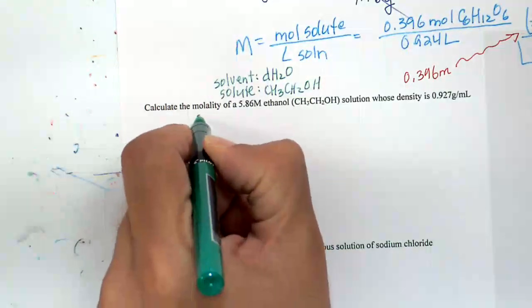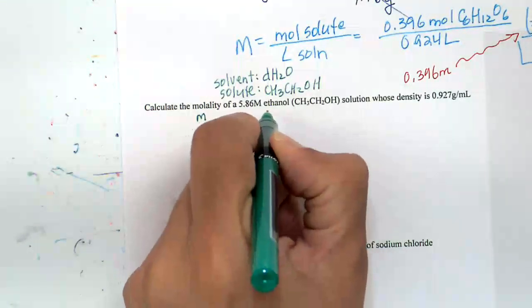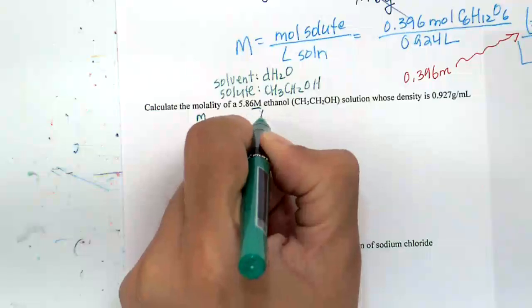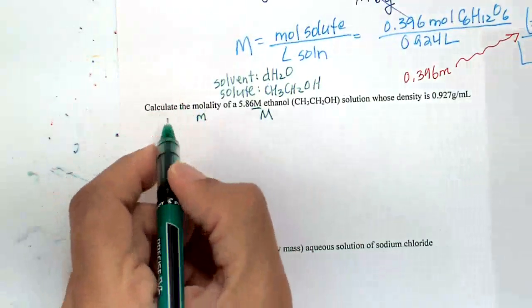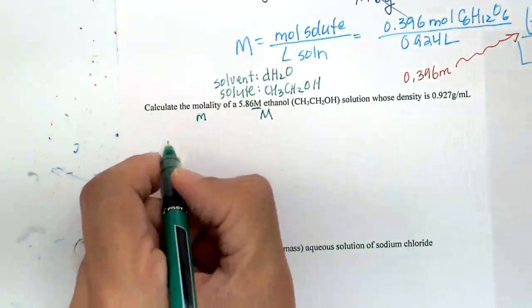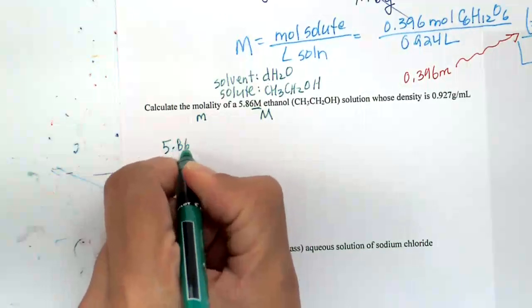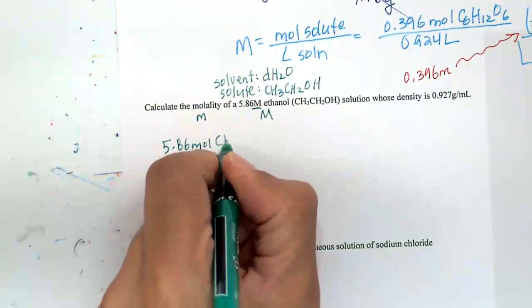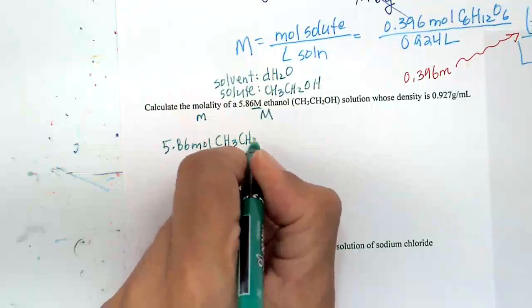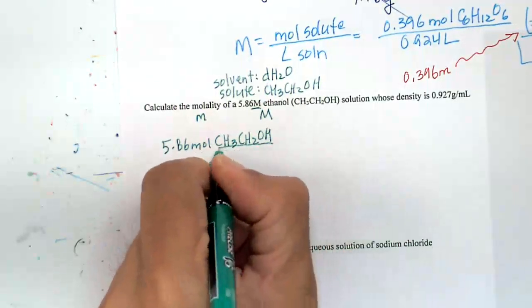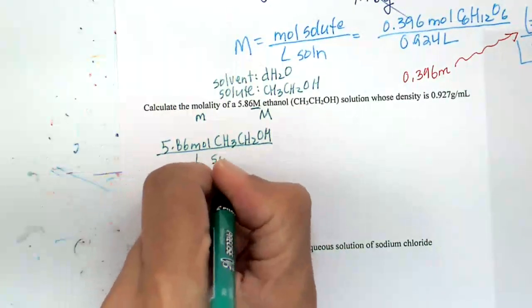So calculate the molality. Molality is lowercase m, and big M is molarity. So this 5.86 molar is the same thing as 5.86 moles of ethanol over liters of solution.